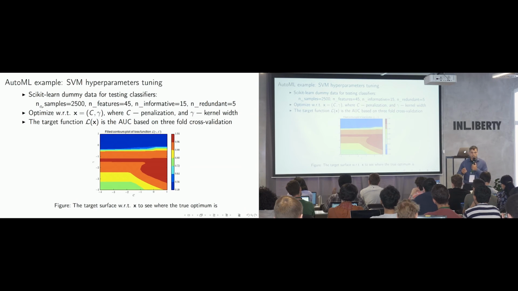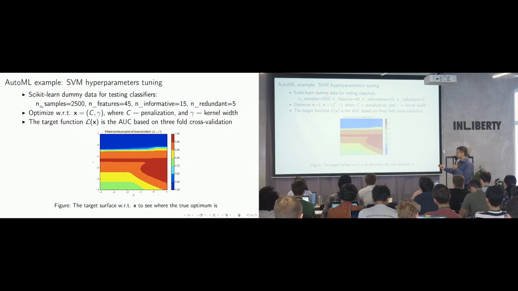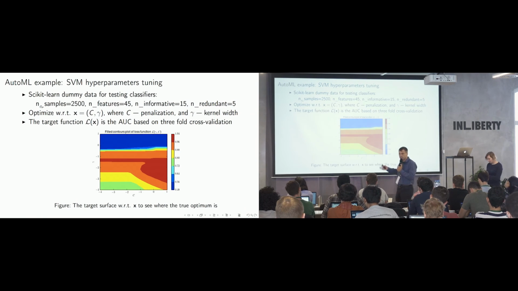You need to wait maybe 1 or 2 minutes in order to estimate the value of the accuracy on the ROC curve for a given value of x of these two hyperparameters. And let us consider whether we can really apply Bayesian optimization to select these hyperparameters.